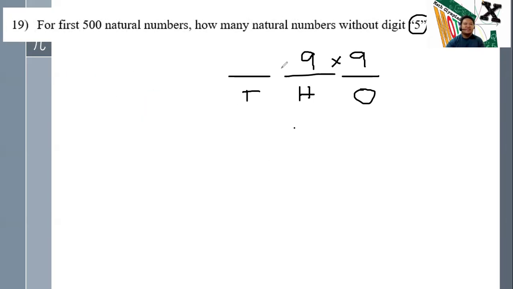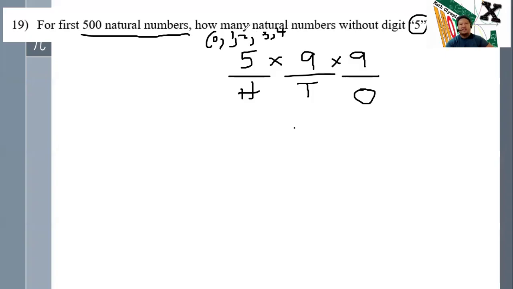Now, this is the hundreds place, this is the tens, and then the ones place. For the hundreds place, because of the 500 natural numbers, we can only use 5 numbers here. What are those? 0, 1, 2, 3, 4.